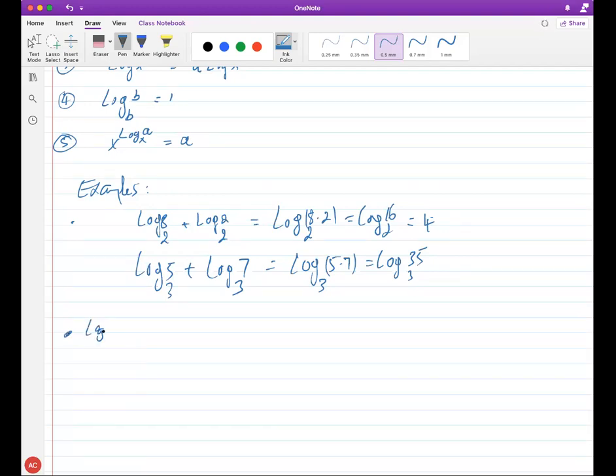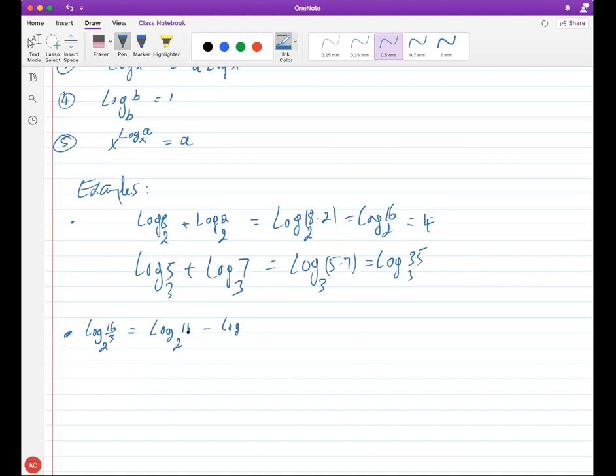Let's see a log of 16 over, let's say, 3. We have a fraction inside, so this turns into log of 16 minus log of 3.